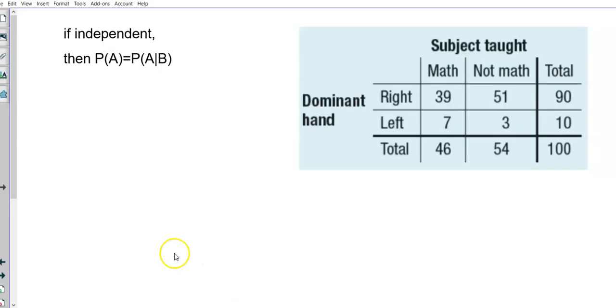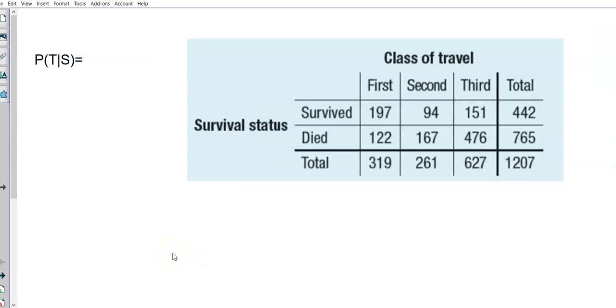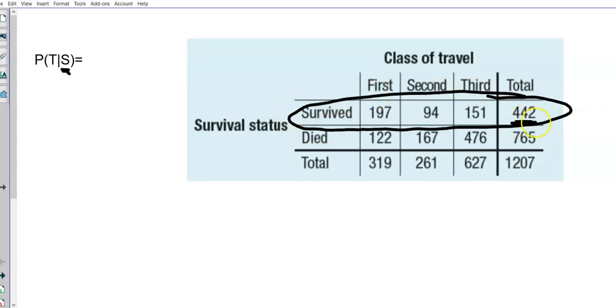Let's look at this question again. Given that it's third class, so we're only looking at survivors. For this question, this is the given. We're looking at all of those folks right here. There's 442 of them. So the given is that you survived.